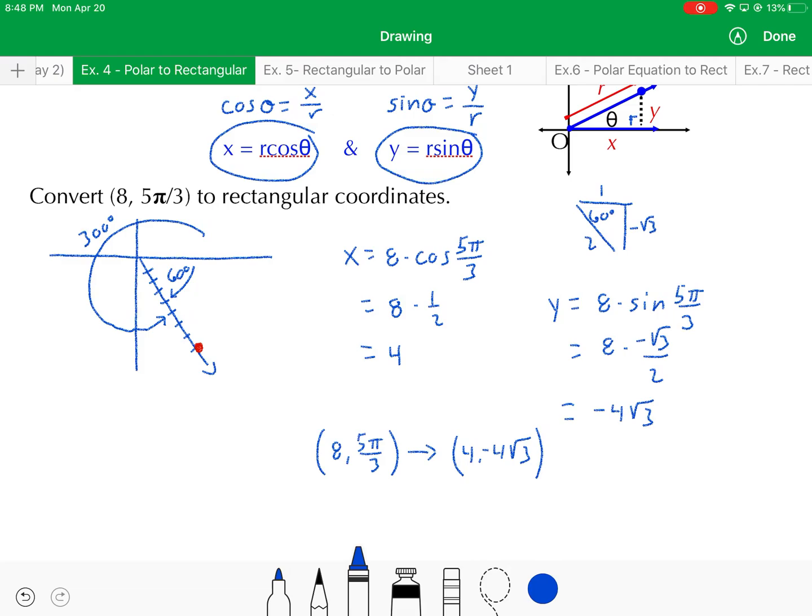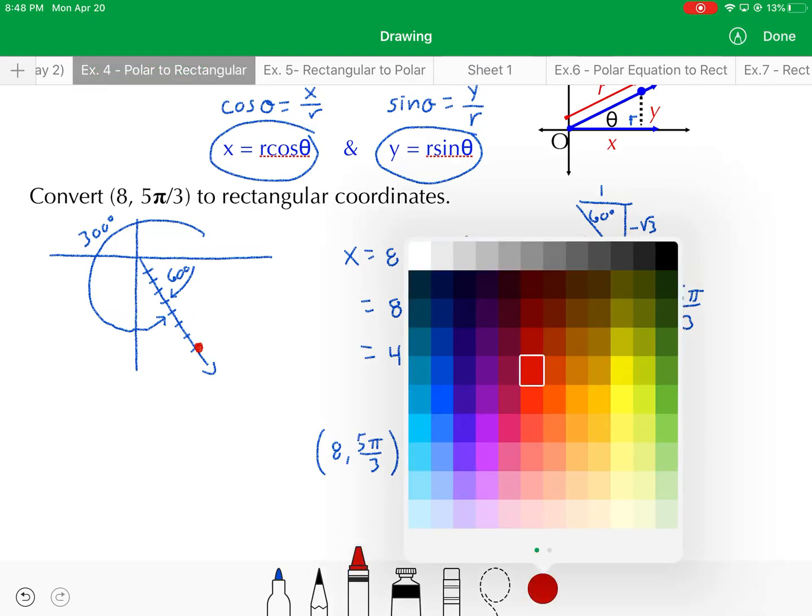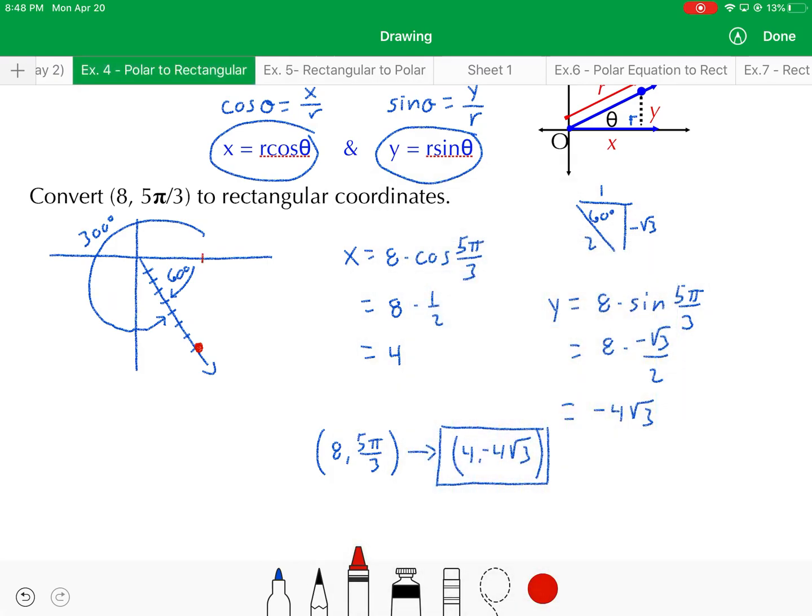That describes the same point in rectangular form. We can label that in our picture here as well. We would say that this is an x value of 4, and right here is a y value of negative 4 radical 3.